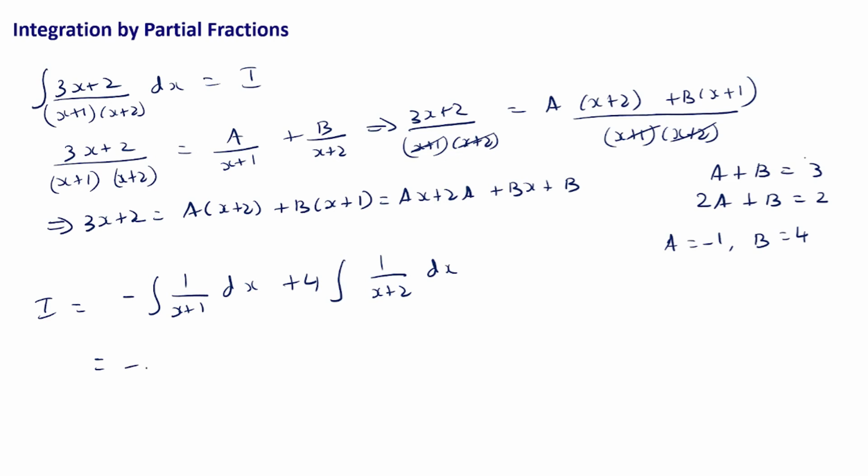Now this we can integrate very easily. It is minus log mod x plus 1 plus 4 log mod x plus 2 plus c. So this is how we can use integration by partial fractions to integrate rational functions, proper rational functions.